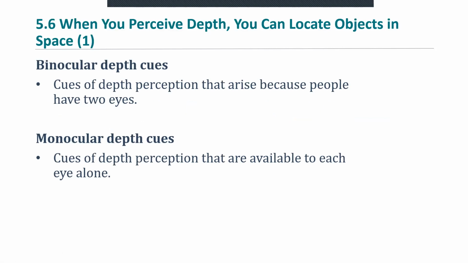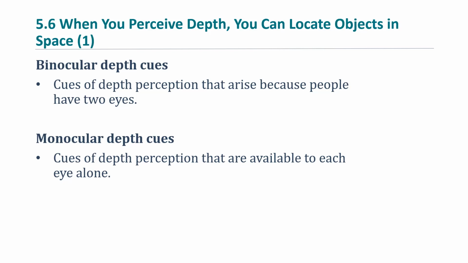So we have two types of depth cues that we use in order to see the world in 3D and in order to see depth and judge distances. We have binocular depth cues and monocular depth cues. Binocular depth cues are cues of depth perception that arise because people have two eyes.